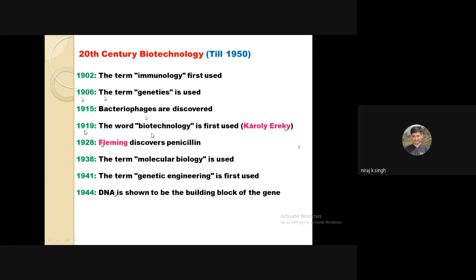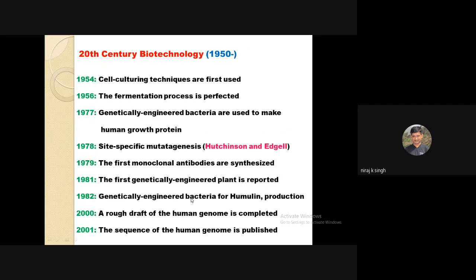Subsequently, in 1928, the first antibiotic, penicillin, was discovered by Alexander Fleming, and later on the terms molecular biology and genetic engineering came into existence. After the 1950s, big developments happened in the field of biotechnology. In 1954, techniques for cell culture were first developed and used.